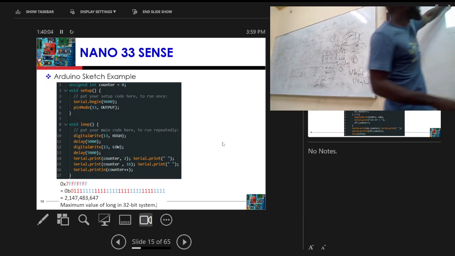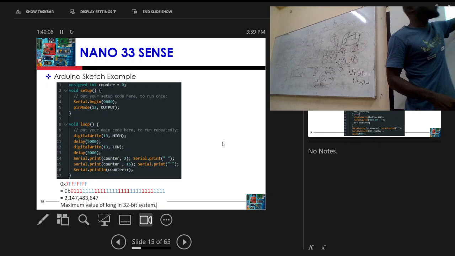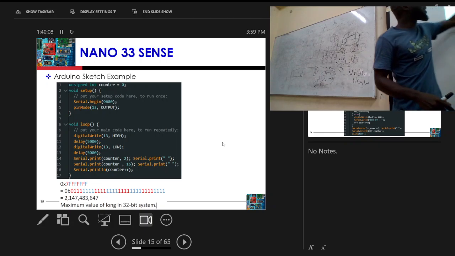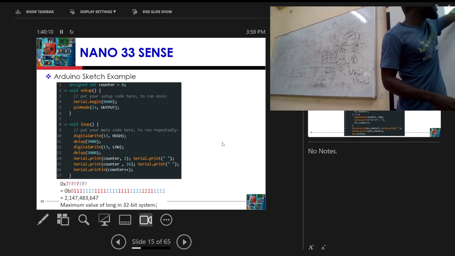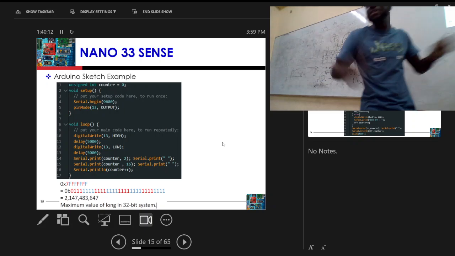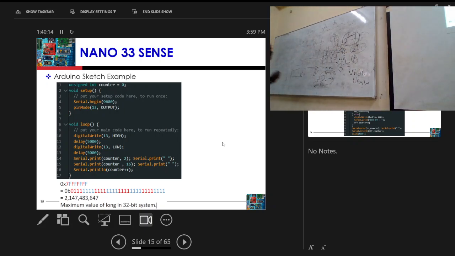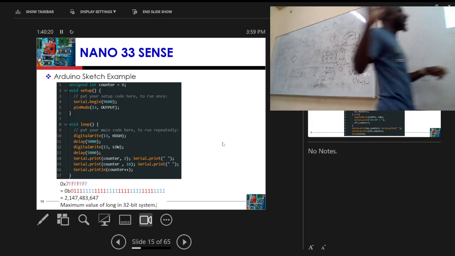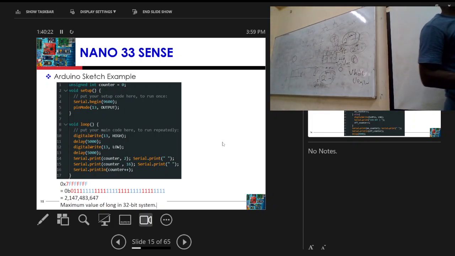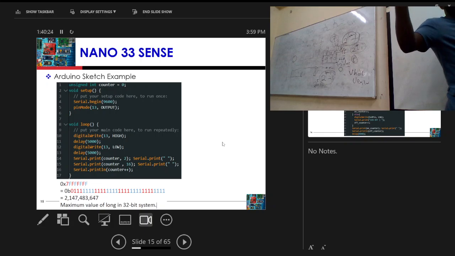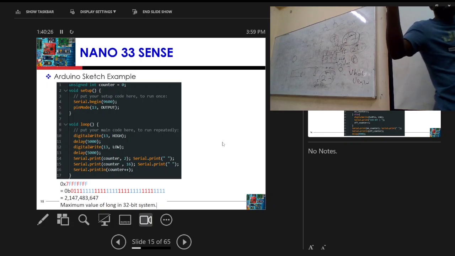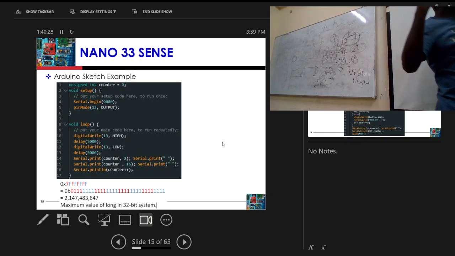This first line is Serial.print counter, comma 2. You are printing the counter value, which starts from 0, in binary. So if it's 0, we print 0. Then Serial.print, pay attention, Serial.print, then what?